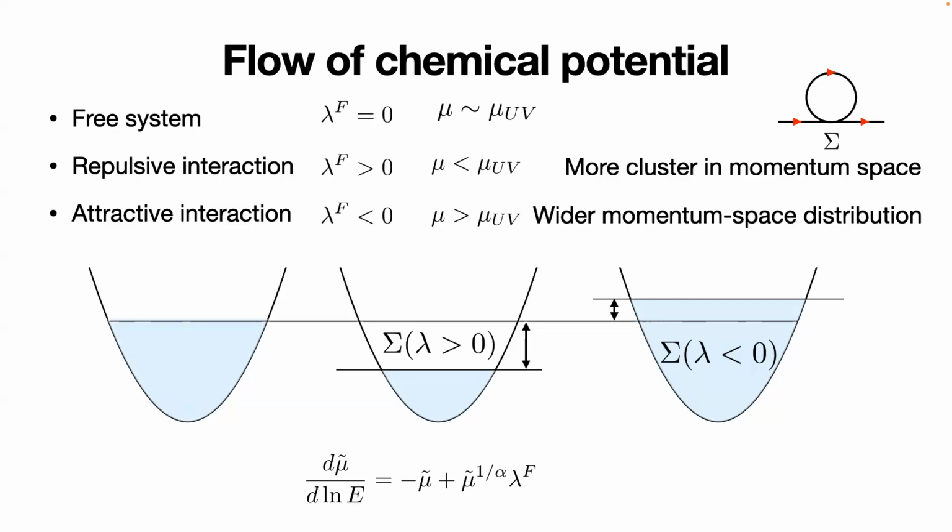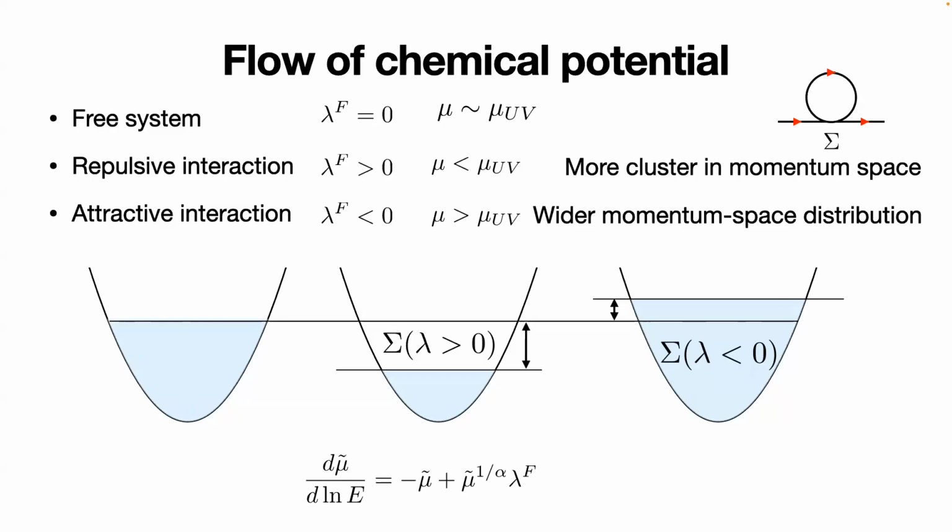Pictorially, if we have repulsive interaction, in real space the fermions are spread out, so in momentum space they are more clustered. So the chemical potential is going to be lowered if we have repulsive interaction. But if we have attractive interaction, in momentum space the fermions are more spread out, so the effective chemical potential becomes bigger.